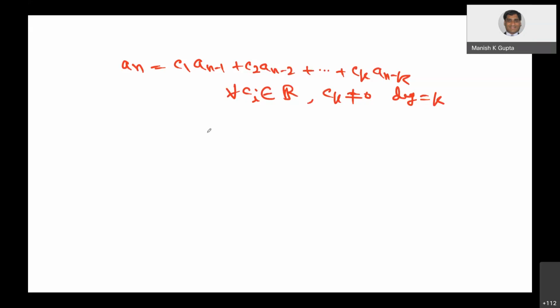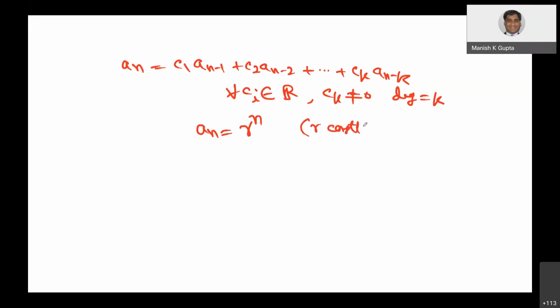Okay, and as you know, we seek the solution of this equation of the form a_n = r^n, where r is of course a constant, right?